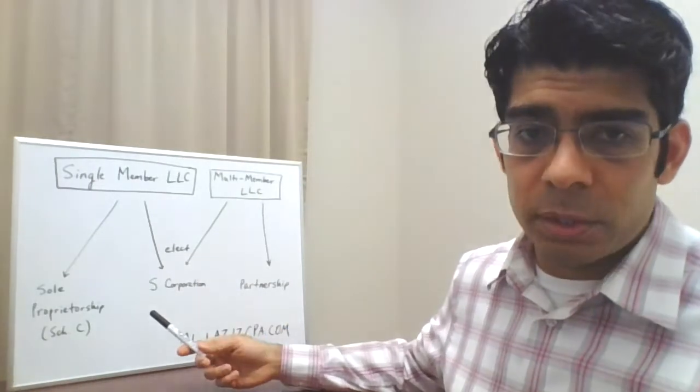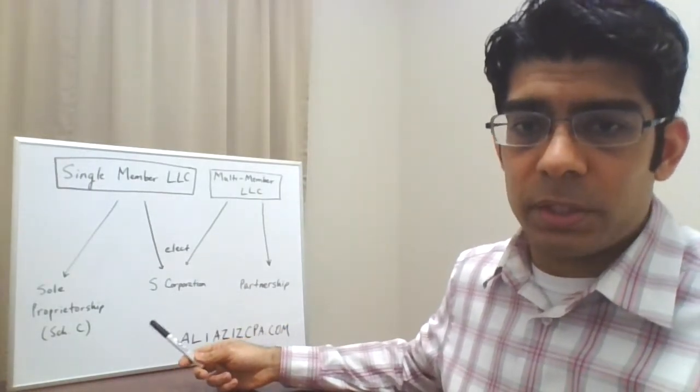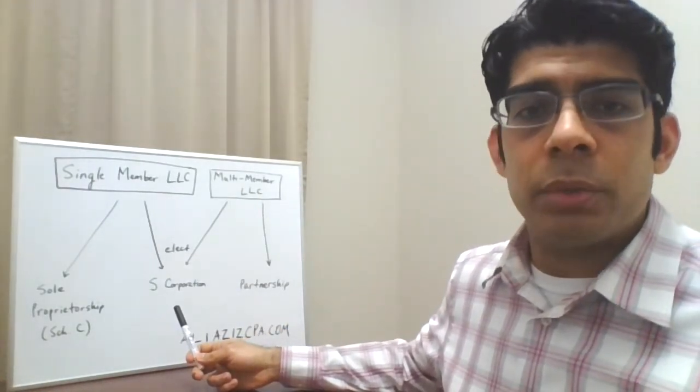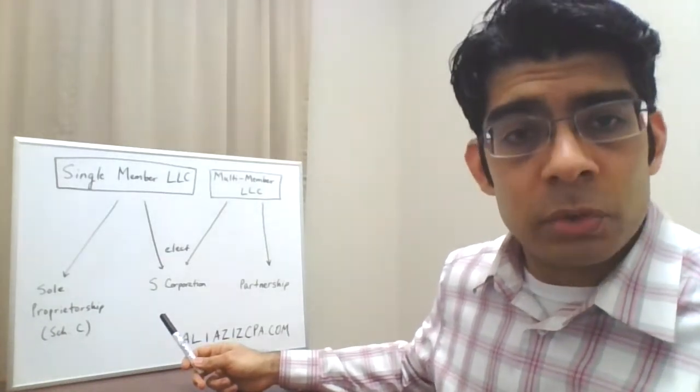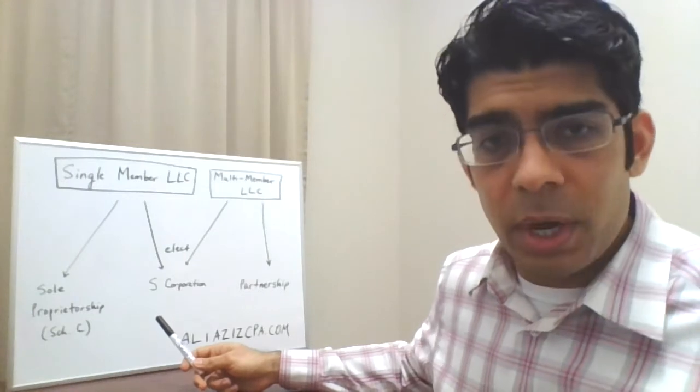If you elect to be an S corporation as a single member LLC, then what you would do is file Form 2553, and that's the S Corp election form, and you would file that with the IRS.